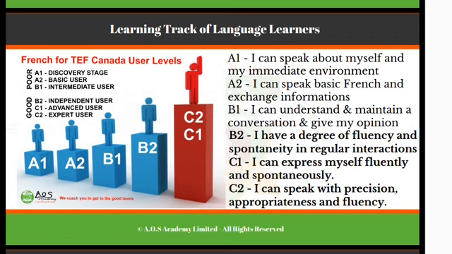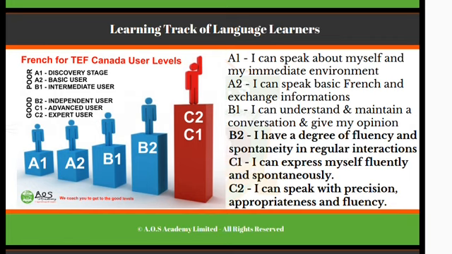After that, the C1 is the advanced user, and the C2 is the expert user. You're now an expert in the French language. The C1 and the C2 are ranked quite the same because they have much more the same characteristics.